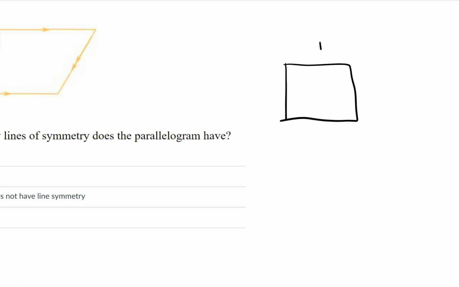So if I were to take this square and fold it across this line, it's going to match up on the other side. So this is a line of symmetry for this particular square. And similarly, if I folded it across this line, it should match up on the other side.